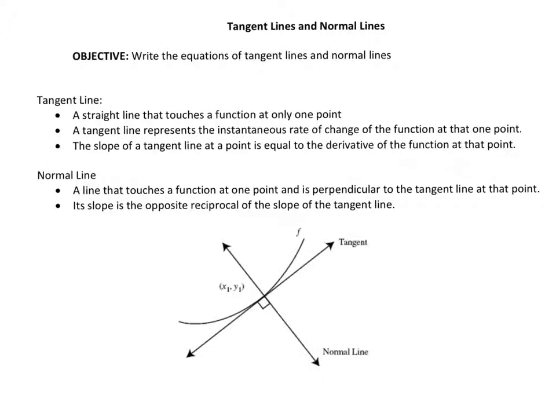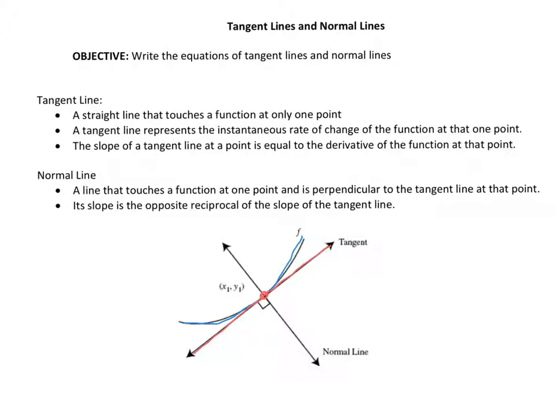A tangent line is a straight line that touches a function at exactly one point. So if this blue line is our function, the tangent line hits at a point and skims along the graph and just touches it exactly once. And then a normal line is a line that is perpendicular to the tangent line.